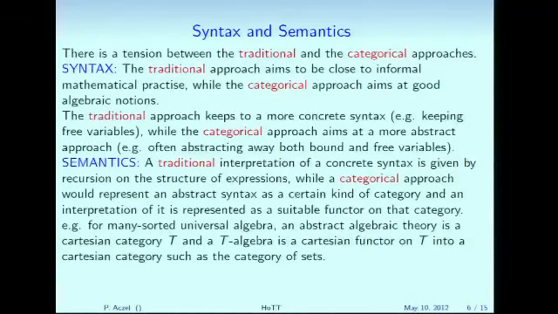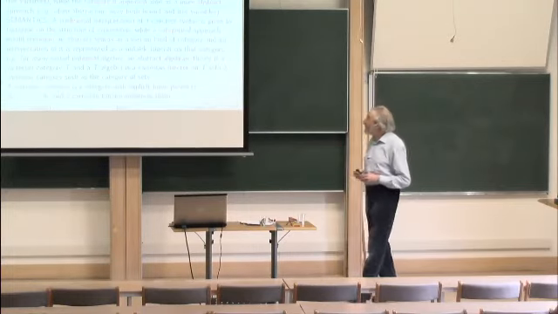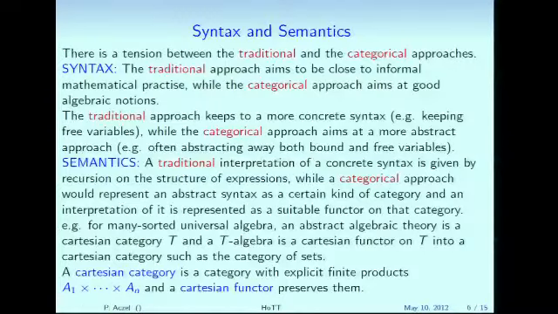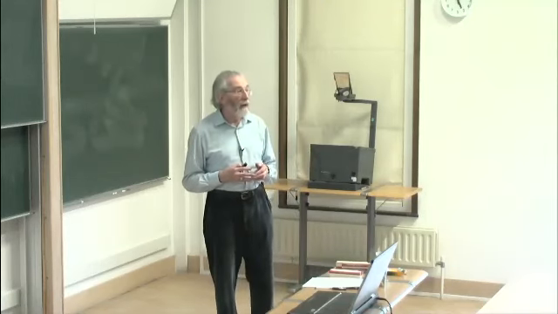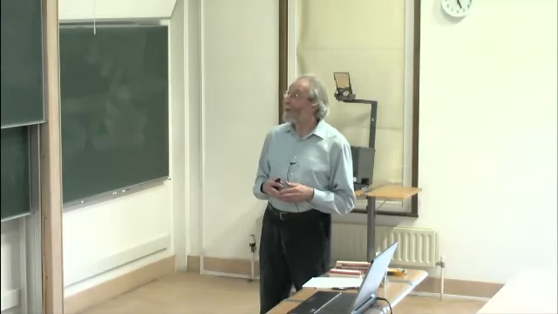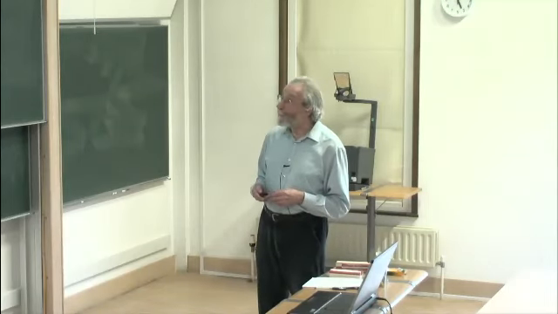And an algebra for that algebraic theory will just be a Cartesian functor on T into a Cartesian category such as the category of sets. A Cartesian category is simply a category with explicit finite products. So I consider this a very abstract, mathematically elegant approach to universal algebra. But it doesn't correspond to mathematical practice when one wants to usually introduce, say, the algebraic theory of groups or any other such standard algebraic theory.